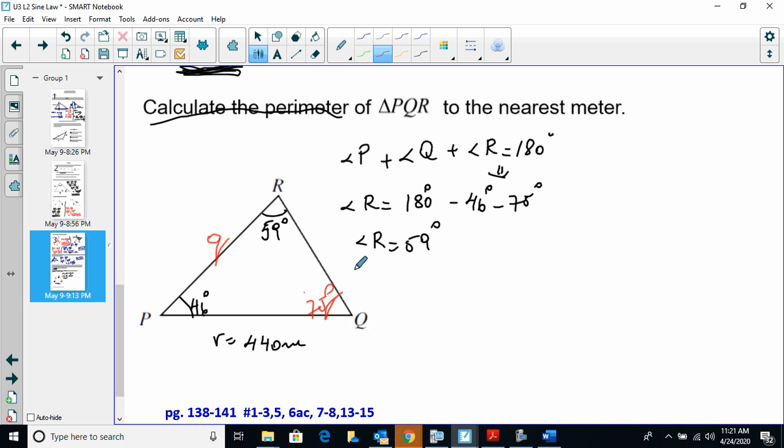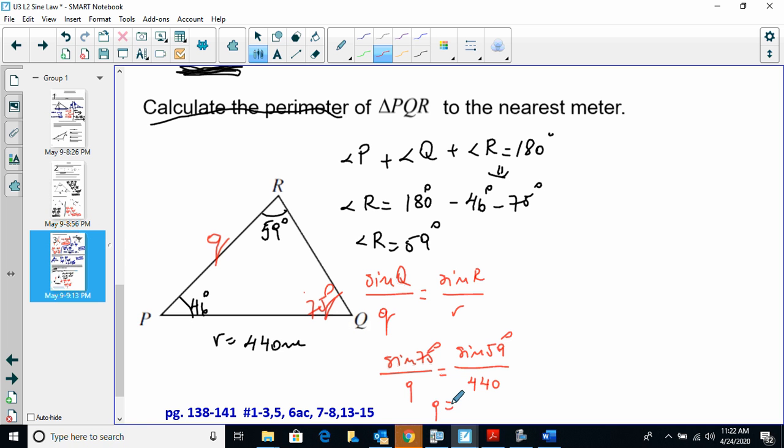Sine q over q equals sine r over r, or sine 75 degrees over q that we are looking for equals sine 59 that we just found over 440.